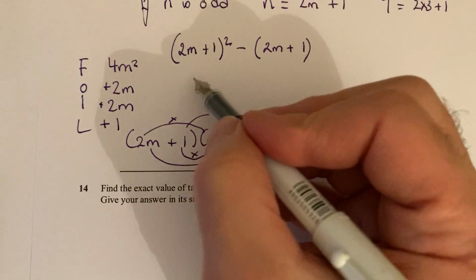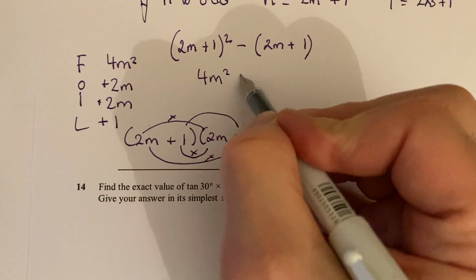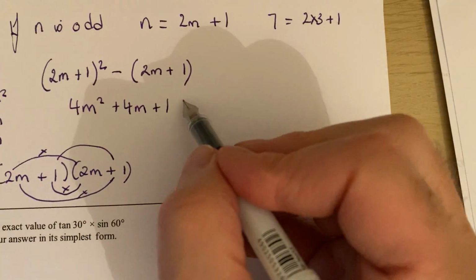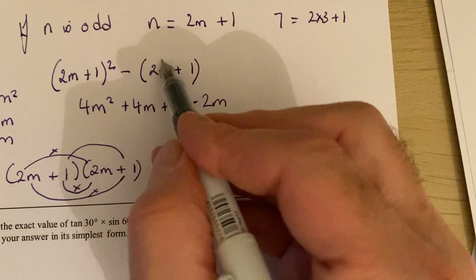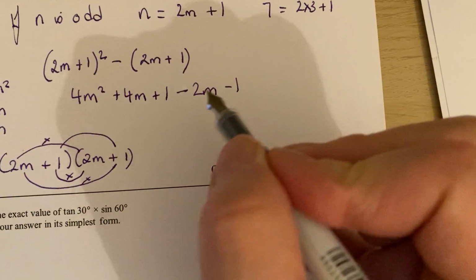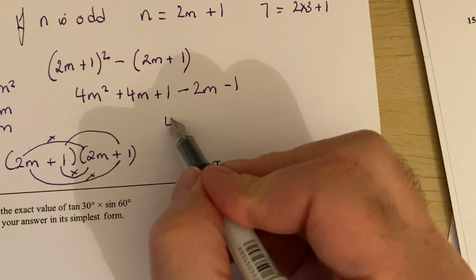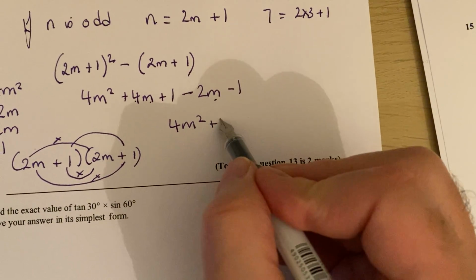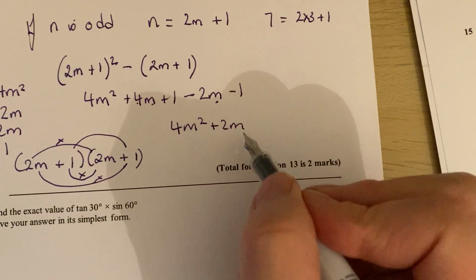So with all of that, I end up getting 4m squared plus 4m plus 1. And then I'm going to minus 2m, I'm going to multiply this out, and minus the 1. And look what you get. You end up with 4m squared, 4m, take away 2m is 2m, and the 1's cancel out.